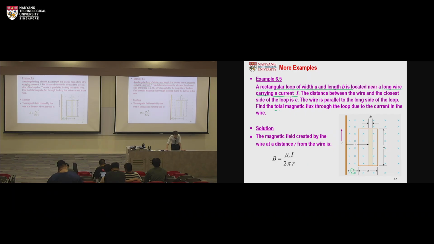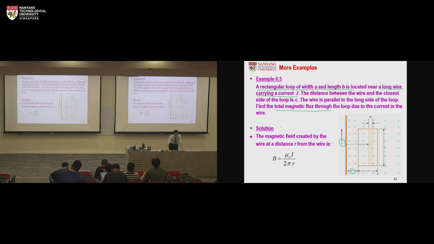Find the total magnetic flux through the loop due to the current in the wire. So here there is I, right? So basically there is a current flowing I, and there is a rectangular loop. Determine the magnetic flux inside the loop.